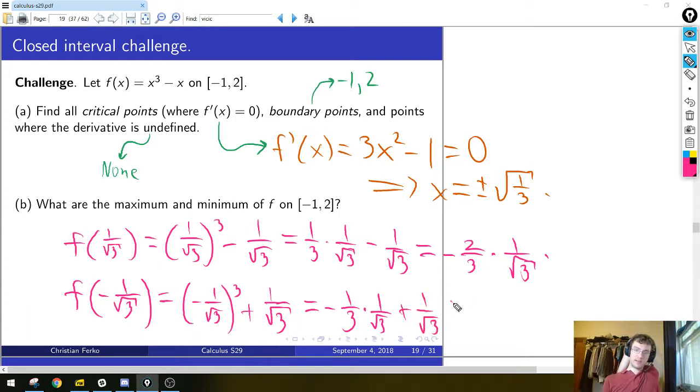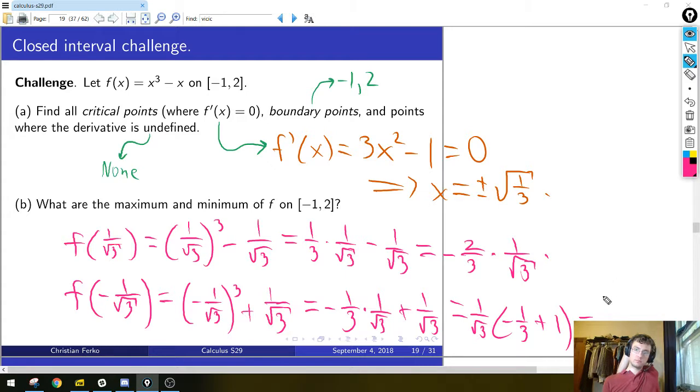And then what does that simplify to? I believe you're suggesting factoring out the 1 over root 3. Yeah, so 1 over root 3 times minus a third plus 1. So what's this?